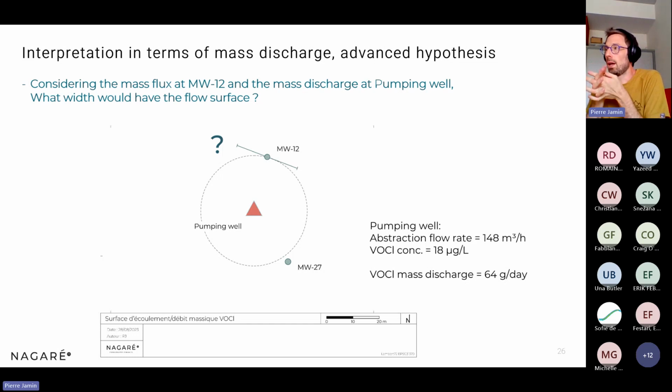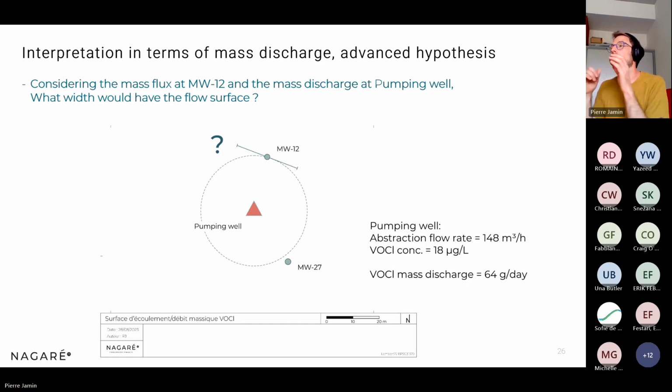So we know the abstraction flow rate of the pumping well, which is 148 cubic meters an hour, and we know the concentration of the chlorinated solvent that we get out of the pumping well. So we know that we have a chlorinated solvent mass discharge at the pumping well that is 64 grams per day.